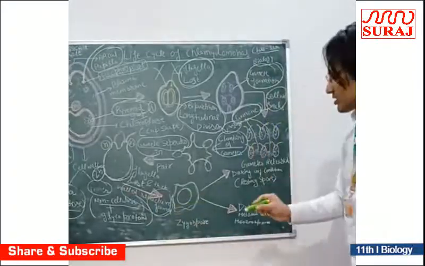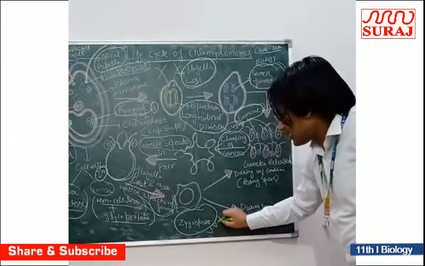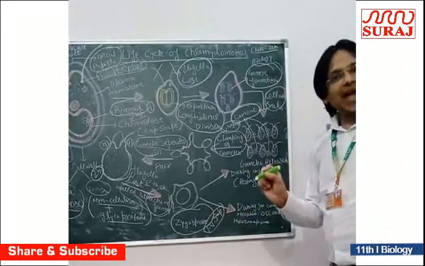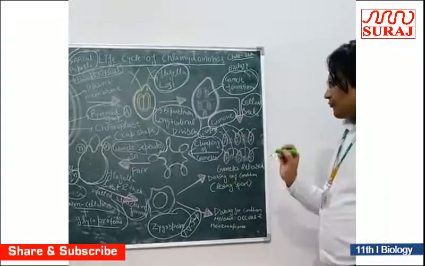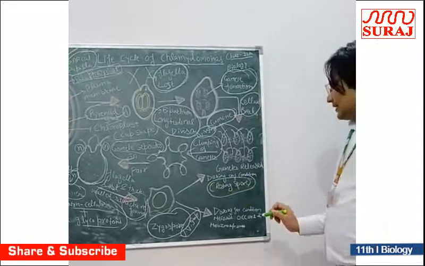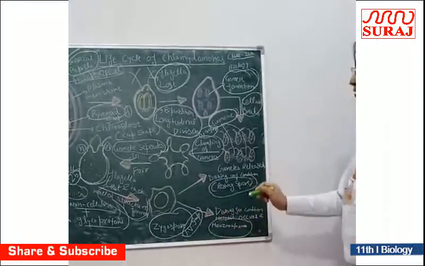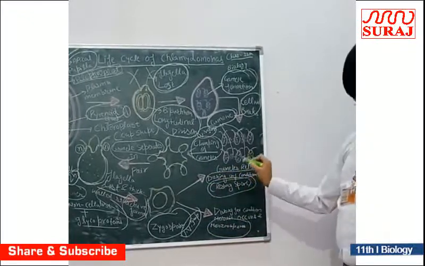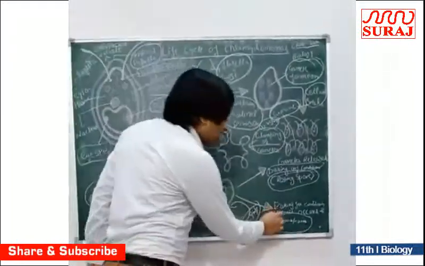This thick walled structure is known as the zygospore. Very important question. Now the zygospore works as a resting spore, and it also acts as a meiospore. How? During unfavorable conditions it works as a resting spore, and during favorable conditions meiosis occurs.